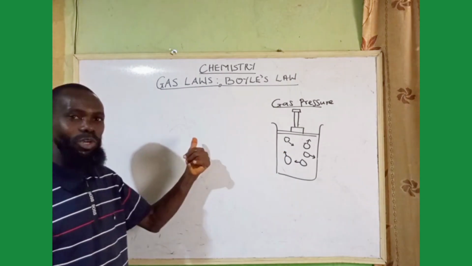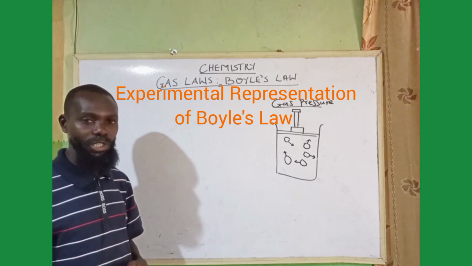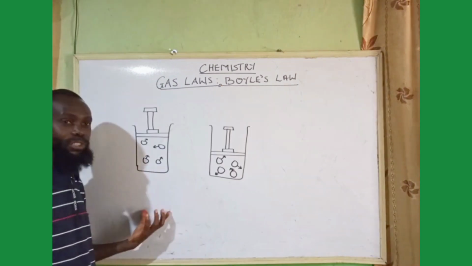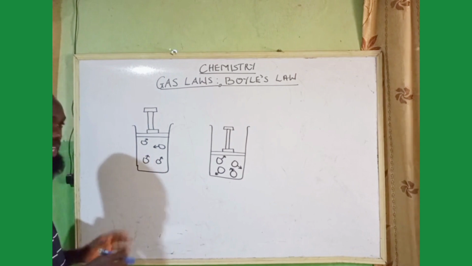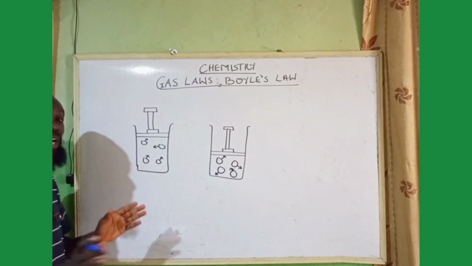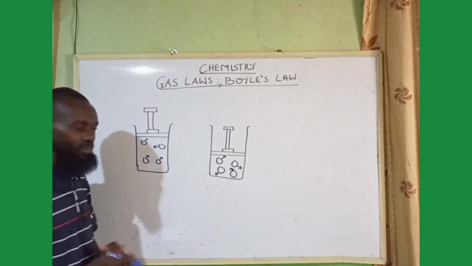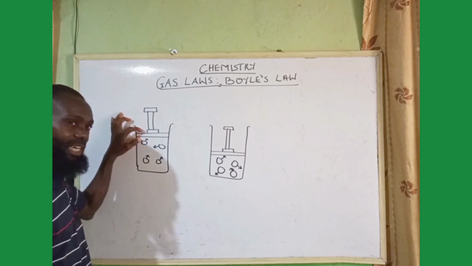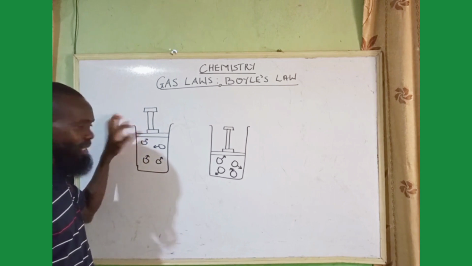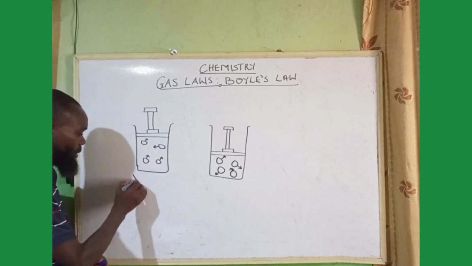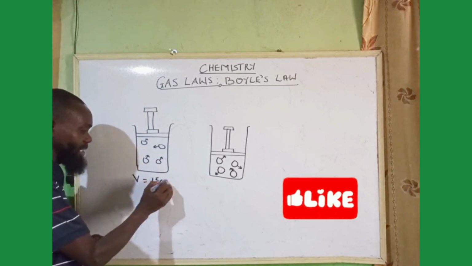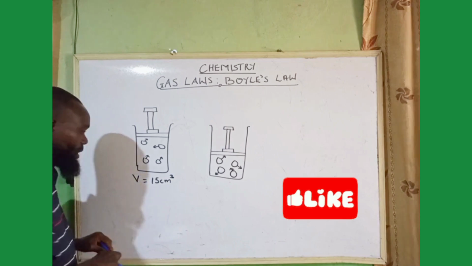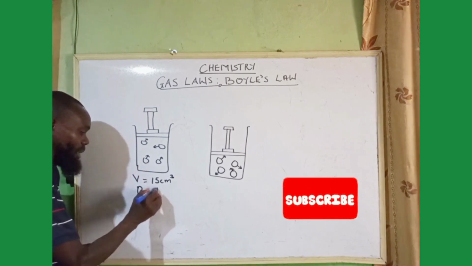Now, let's look at the experimental representation of Boyle's law. Look at these two containers containing equal amounts of gas at a constant temperature. When we look at the piston here, the volume of the gas is 15 centimeter cube, and we assume the pressure is 1 atmosphere.